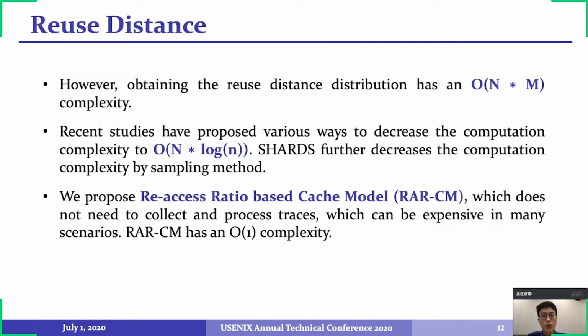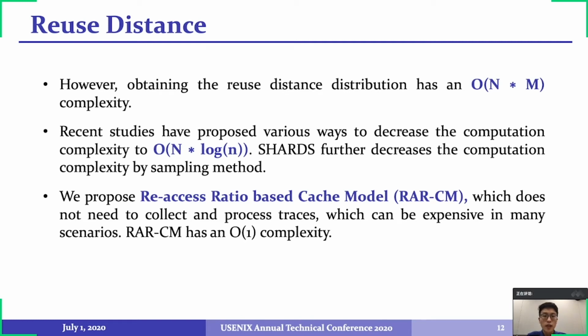However, obtaining the reuse distance distribution has an O(n times m) complexity, where n is the total number of references in the access sequence and m is the number of unique data blocks of reference.